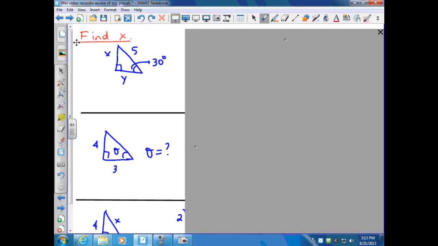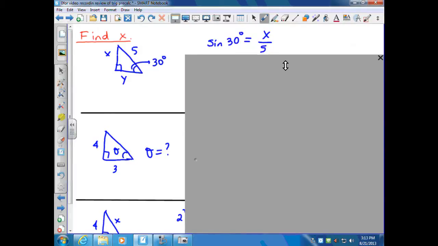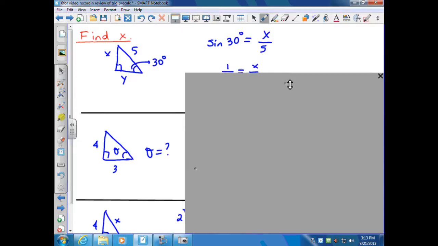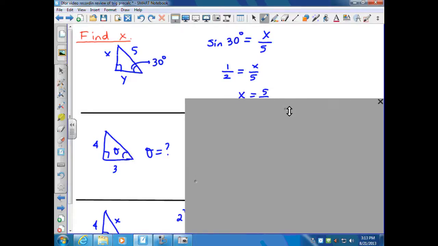That, of course, is sine, right? So it would be helpful to write sine 30 degrees equals x over 5. And since we know what sine 30 degrees is, we can easily solve for x. Sine 30 is 1/2. We have memorized that, right? From there, we can multiply both sides by 5 and solve for x. x equals 5/2.